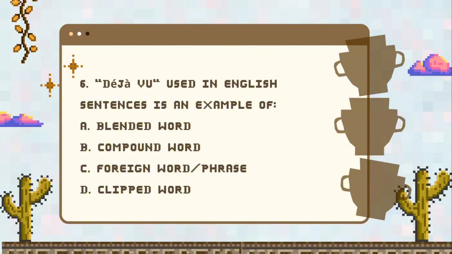Yes, the correct answer is C, foreign word or phrase, because it keeps its original French spelling and pronunciation and is still recognized as foreign rather than fully absorbed into English.